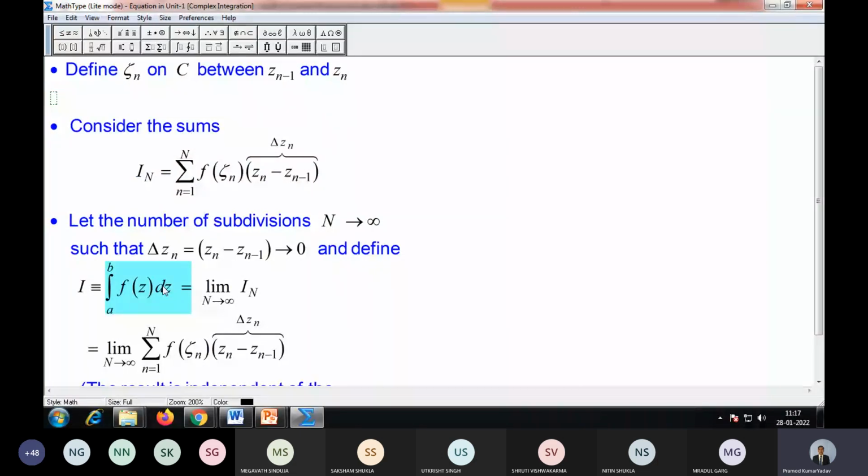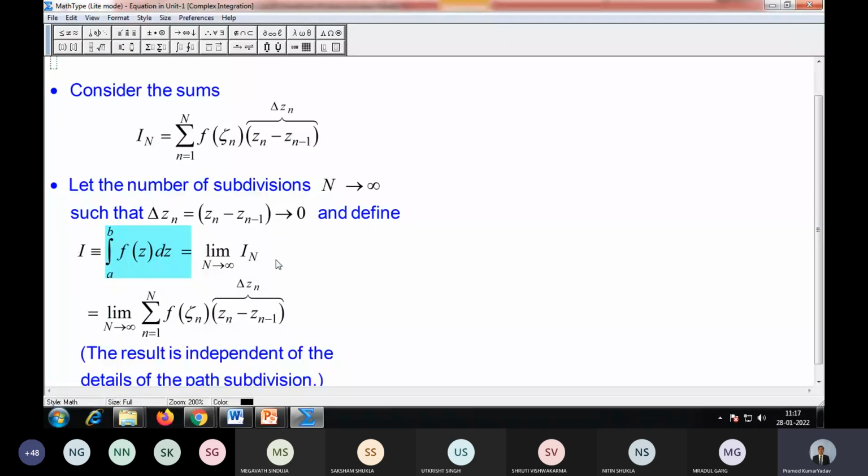So the integral from a to b of f(z) dz is the limit as N tends to infinity of the summation, n varying from 1 to capital N, of f(xi n) times (zn minus zn minus 1).